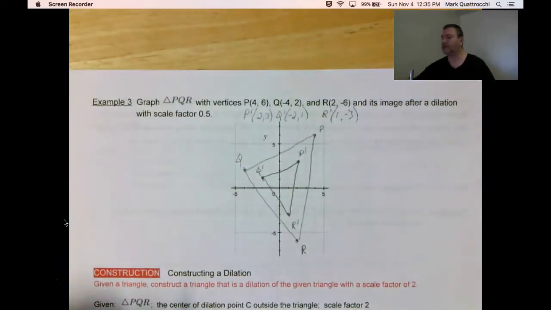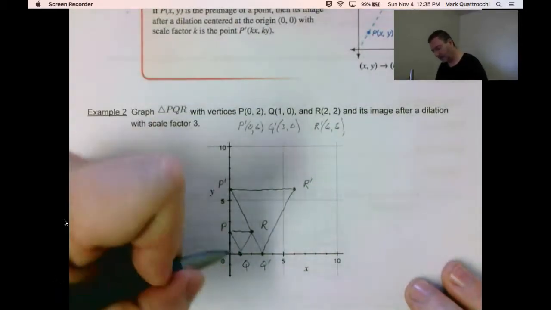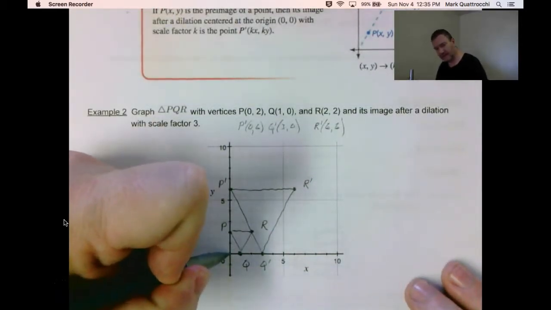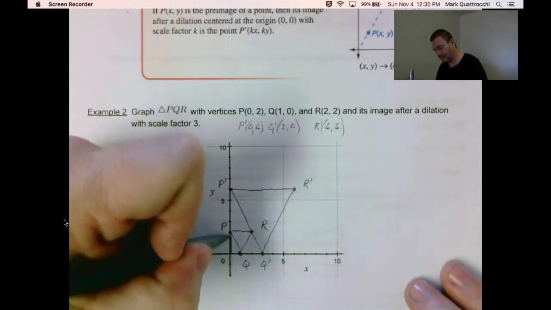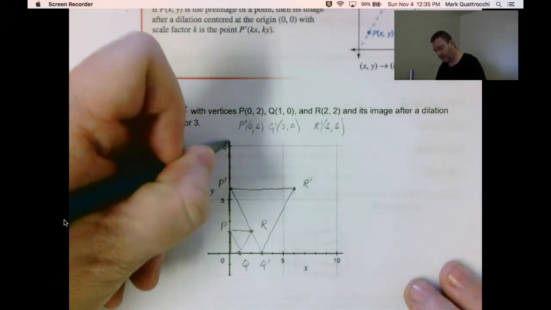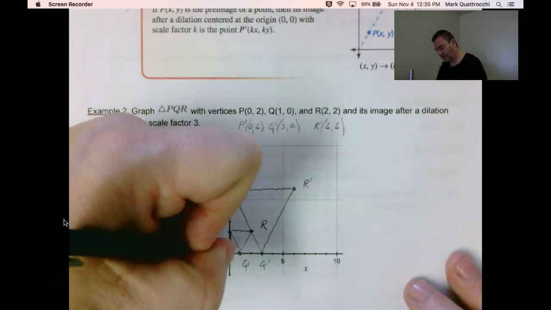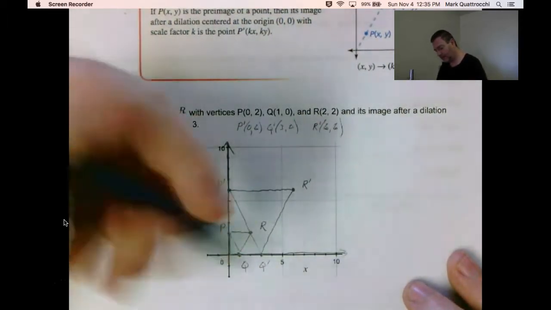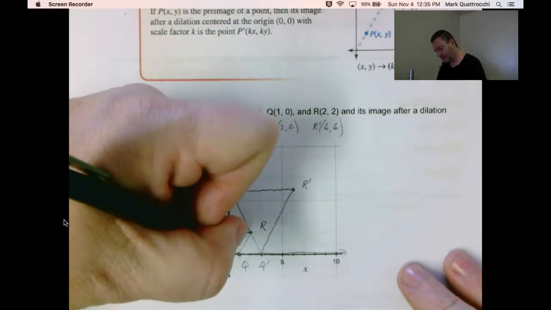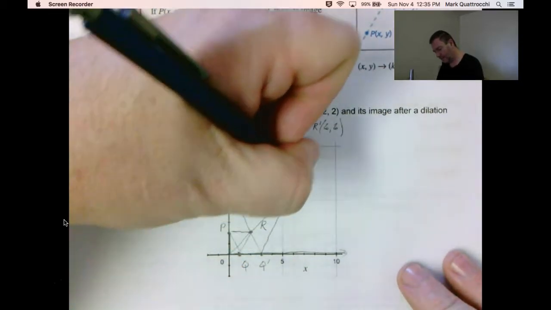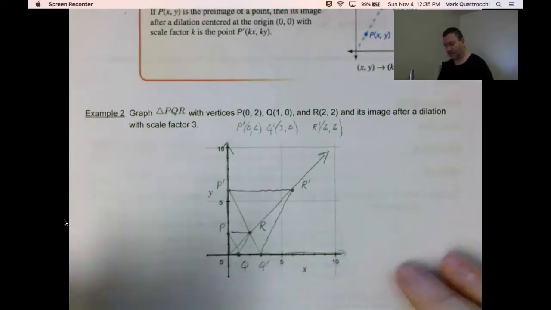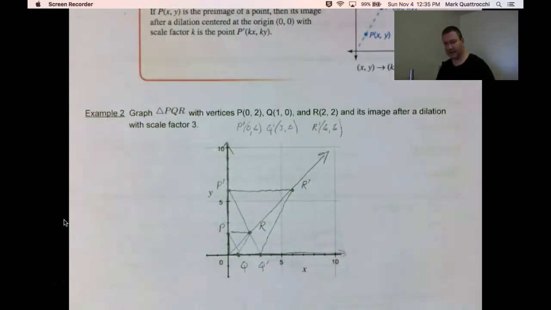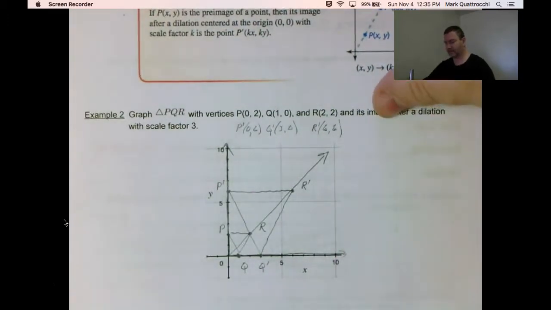After dilation, let me show you in example 2 that if I draw from the center of dilation, which in this case is the origin, through P to P prime, through Q to Q prime, through R to R prime, you can see that the dilation is radiating out from the center.